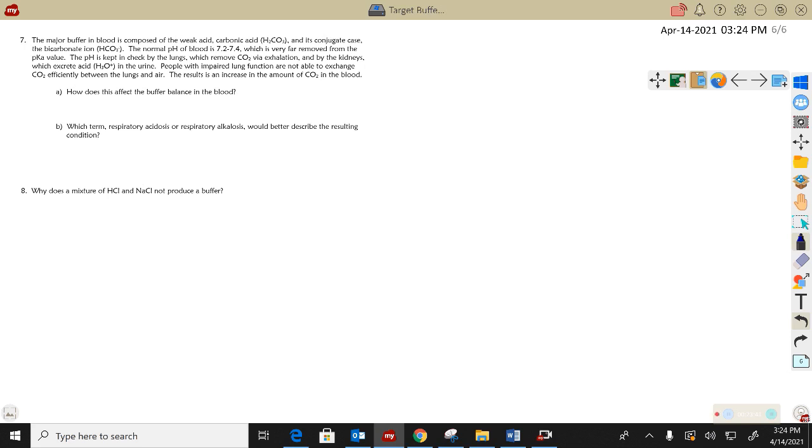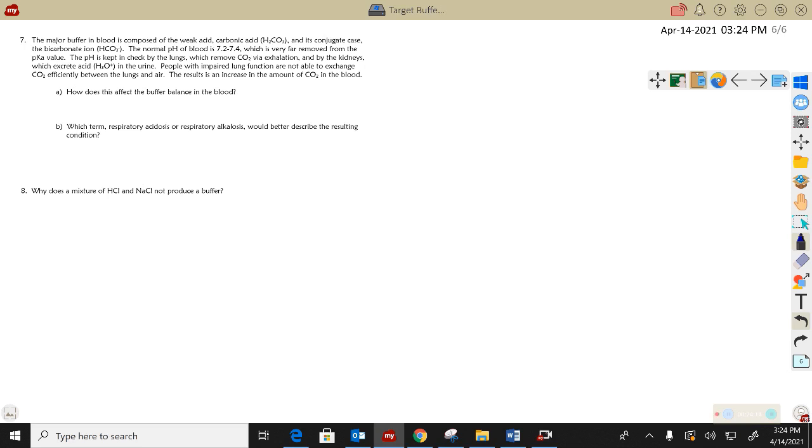The pH is kept in check by all kinds of mechanisms in your body. The lungs remove carbon dioxide through exhalation. The kidneys can regulate the amount of acid or H3O hydronium in your urine. However, when people have impaired lung function, or sometimes when they're hyperventilating and they can't exhale properly, we get a buildup of carbon dioxide in the lungs, which then affects the blood pH.